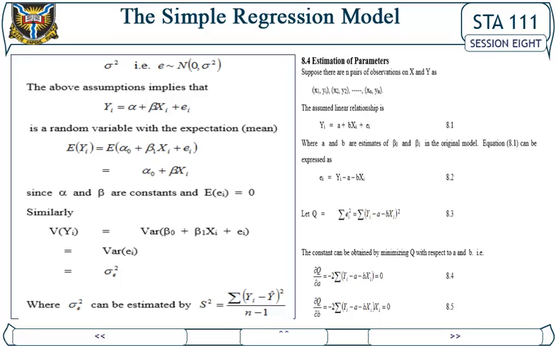Estimation of parameters. Suppose there are n pairs of observations on x and y, and the assumed linear relationship is y = A + Bx, where A and B are estimates of beta 0 and beta 1 in the original model.